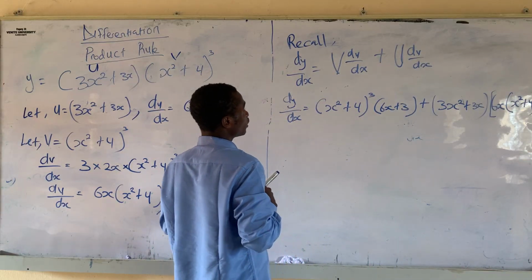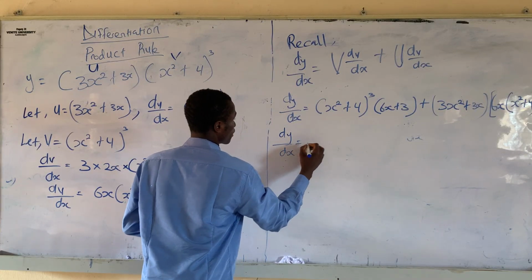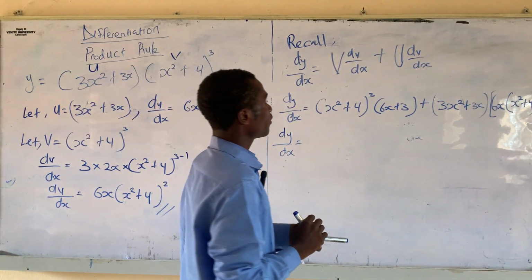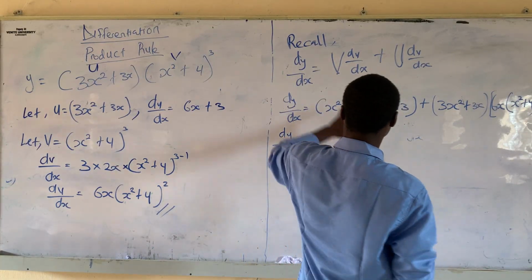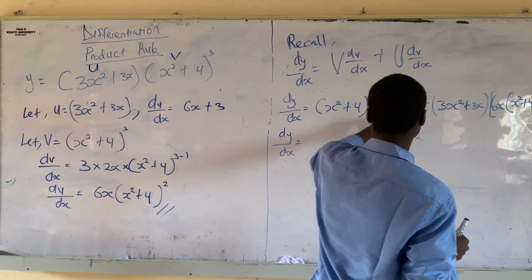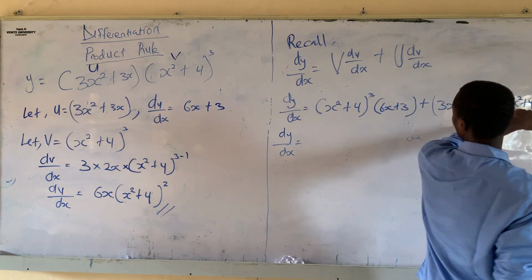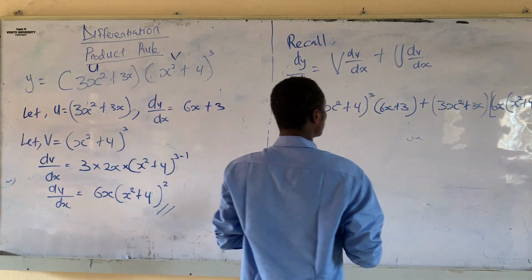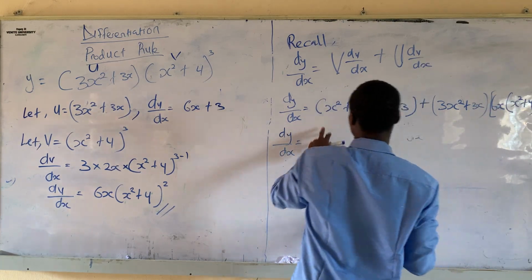Now at this place, our dy over dx will be equal to, if we factorize, we have (6x plus 3) times (x squared plus 4) raised to power 3, and we have (x squared plus 4) raised to power 2 here. Then the common factor here is (x squared plus 4) raised to power 2.